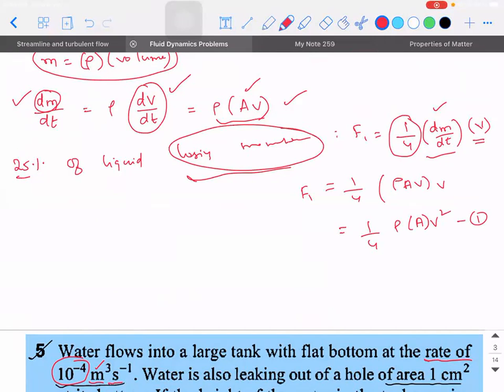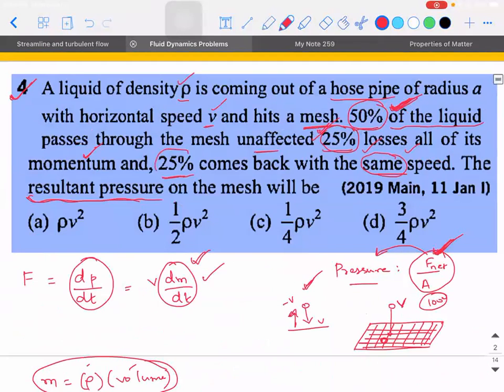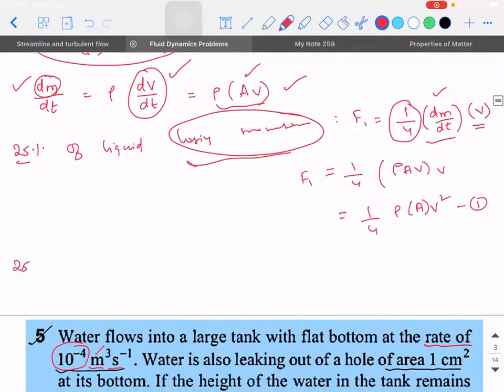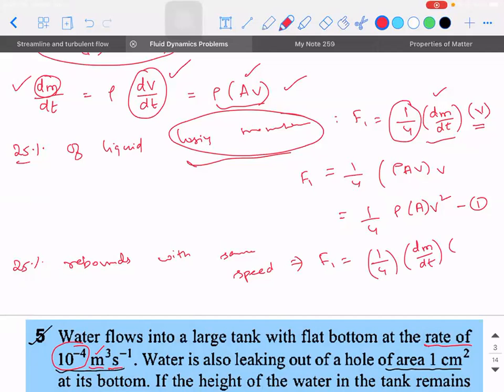Now you people tell me, what will be the effect of this 25% of the liquid whose speed is changing, whose direction of speed is changing? 25% rebounds with the same speed. So what is the force exerted by this liquid column? It is 1/4 of dm by dt into, what should I write in the case of velocity, guys? 2v.